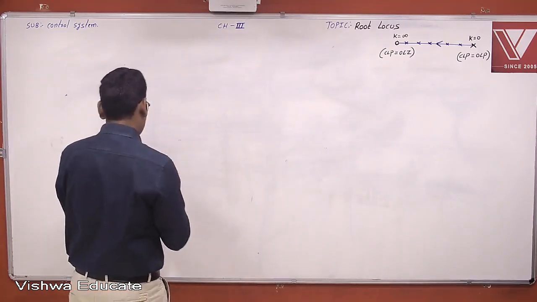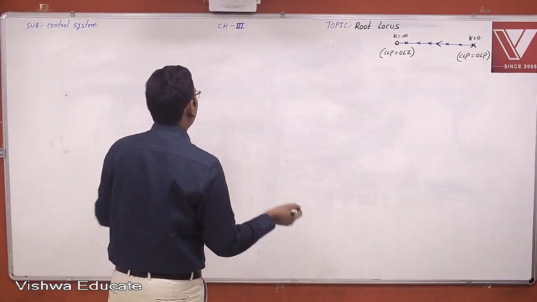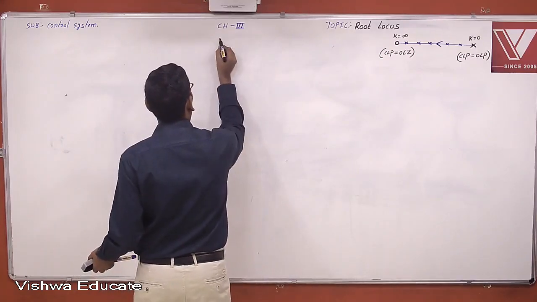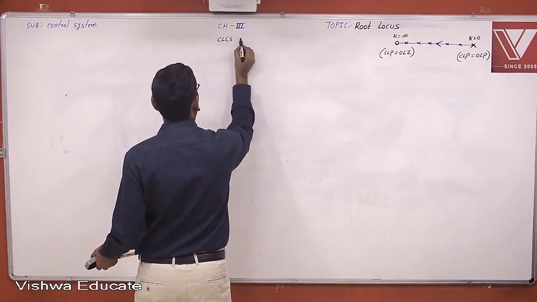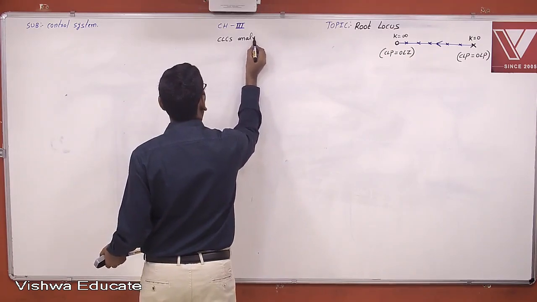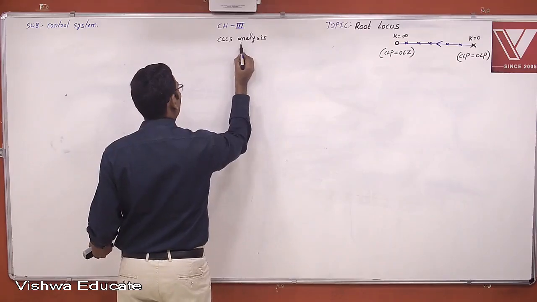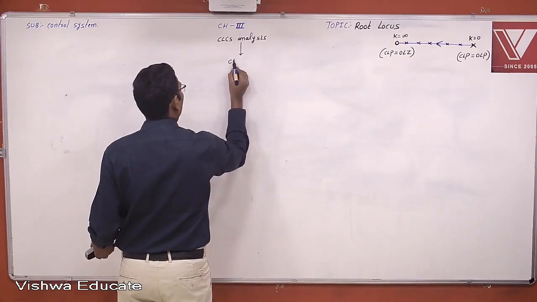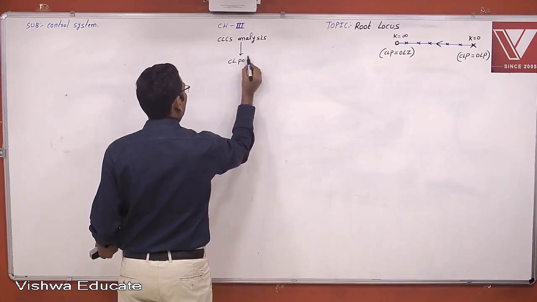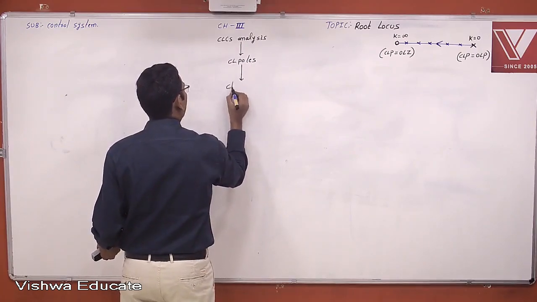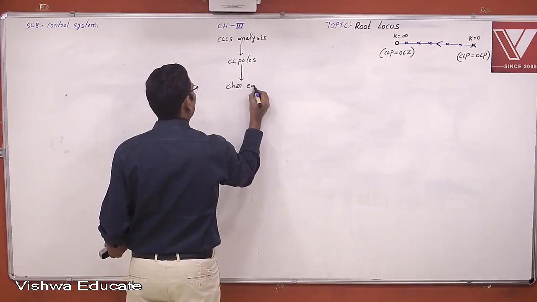Now see here, our final ultimate aim is to do the closed loop control system analysis. I want to do the stability analysis or anything of the closed loop control system. That is possible with the help of closed loop poles. These closed loop poles are available directly in the characteristic equation.